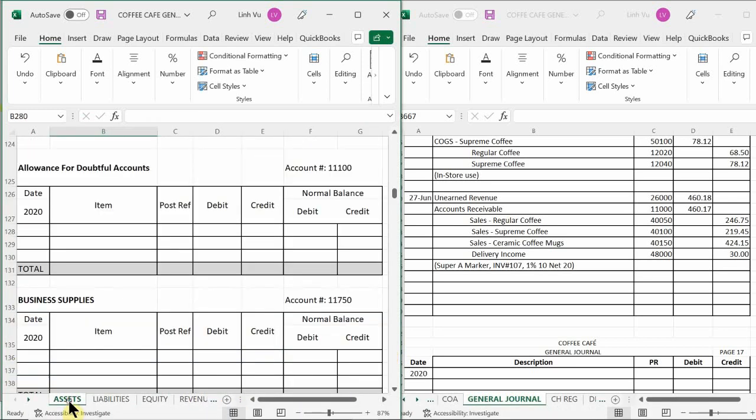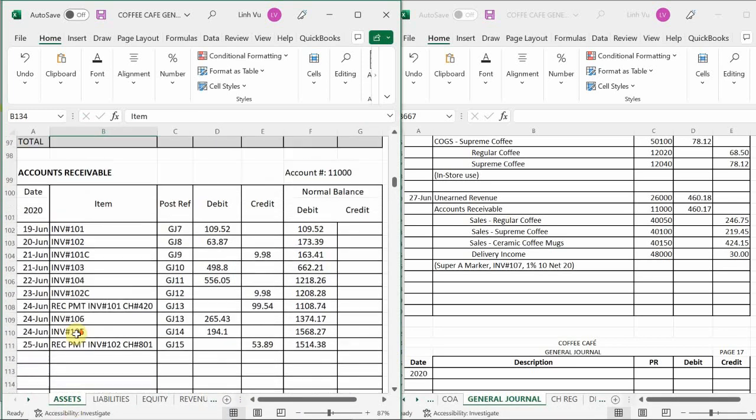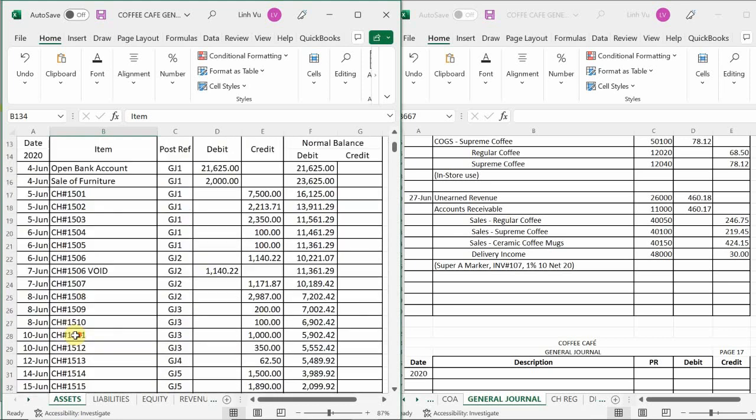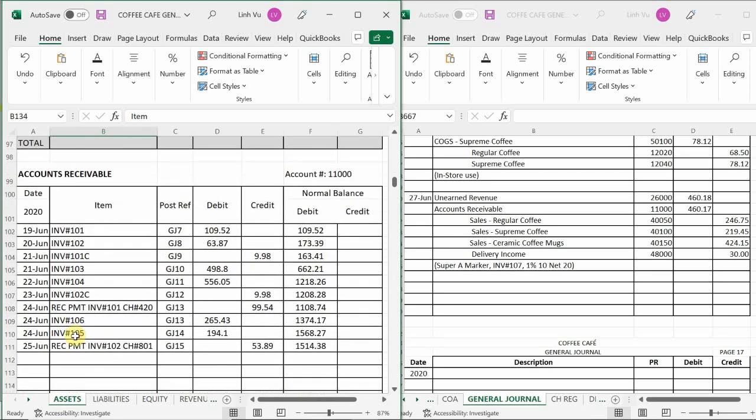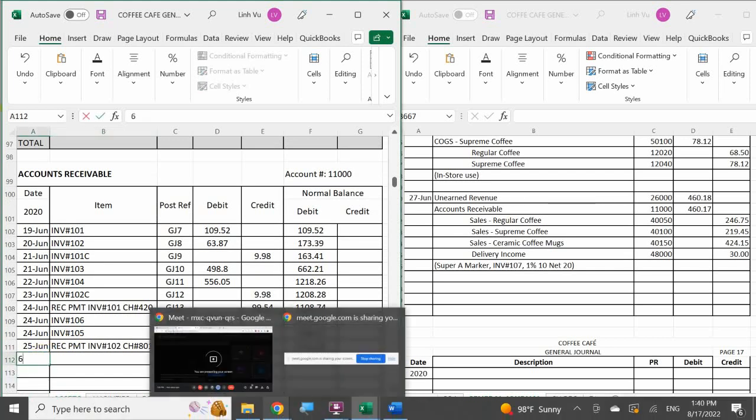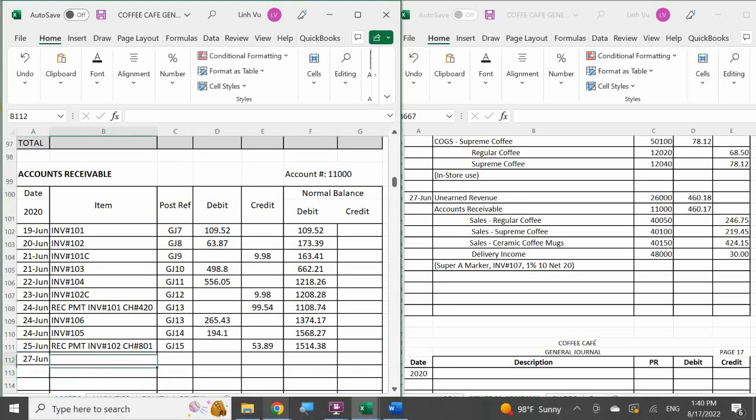Okay. And then assets, accounts receivable. There we go. Invoice 107. Page 16, and we debit the 460.17.